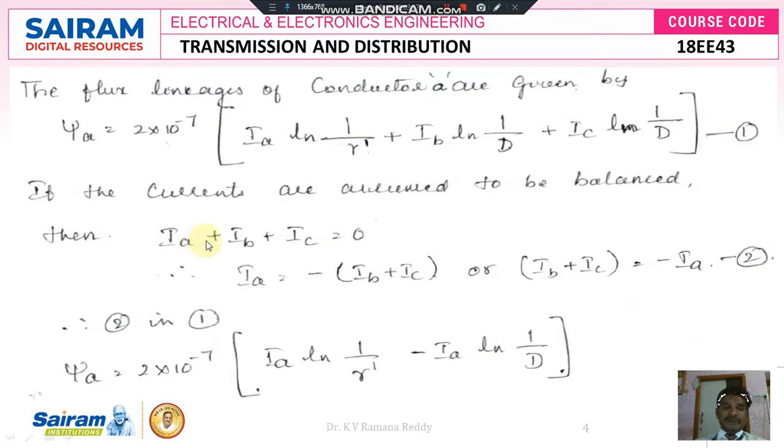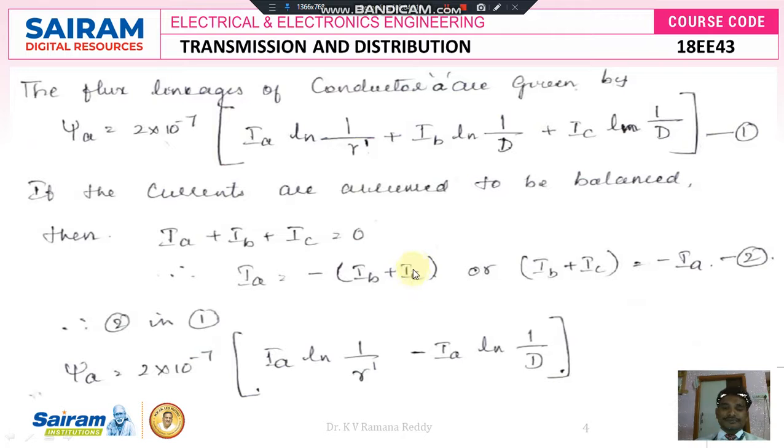The algebraic sum of the currents Ia plus Ib plus Ic is equal to 0. From this equation, if we send Ib and Ic to the other side, Ia is equal to minus of Ib plus Ic.